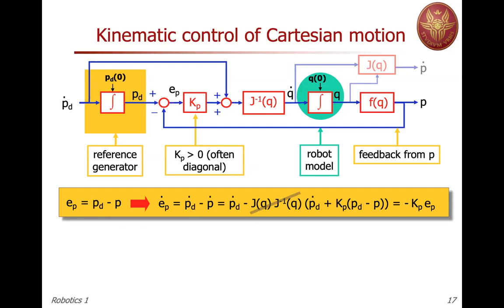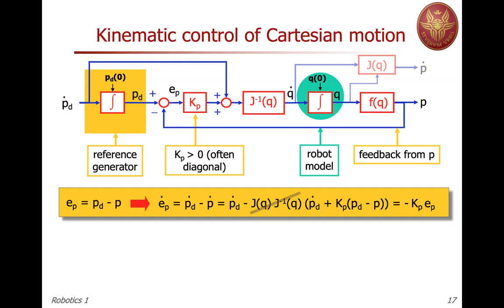Okay, so exactly the same situation as before. Remember that now Kp works in the Cartesian space, so it's a matrix gain. Again, you can choose it diagonal, certainly positive definite. So component by component, you have an exponential transient going to 0 as fast as possible by enlarging the gains on the diagonal of this Kp matrix.